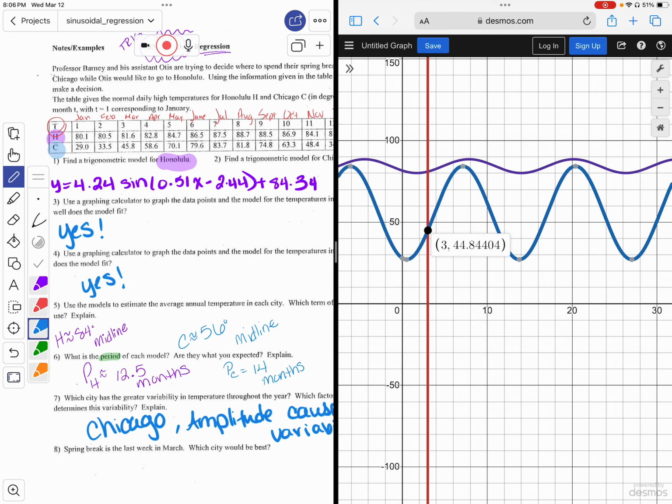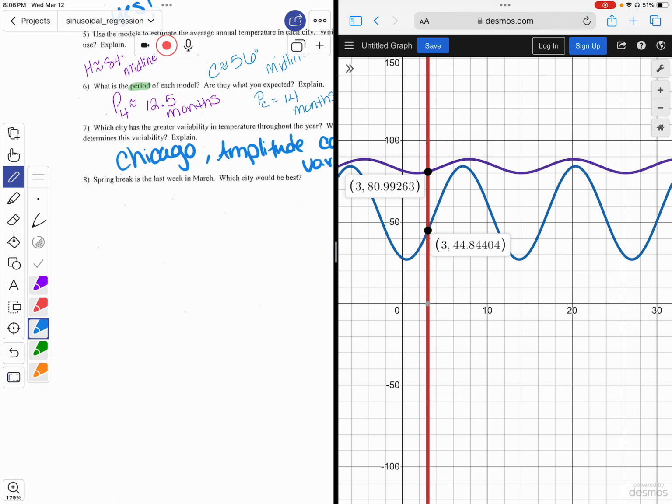So if we went to Chicago, it'd be about 45 degrees. And if we went to Honolulu, it would be 81 degrees. So where should they go for spring break? My opinion, Honolulu. Also, why would they choose to go to Chicago if they had the ability to go to Honolulu?